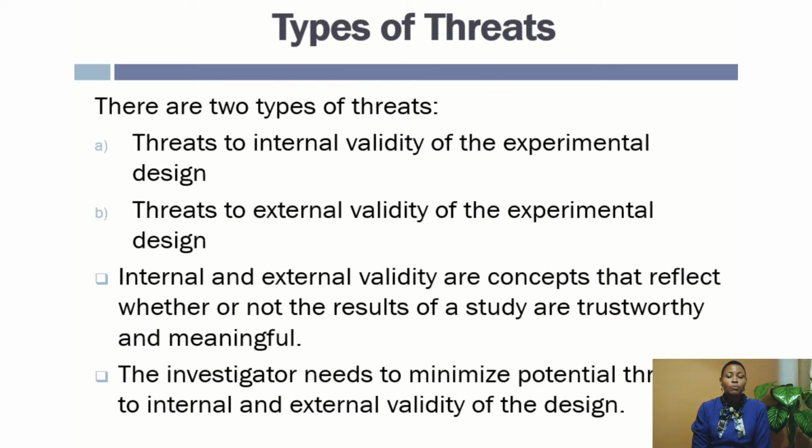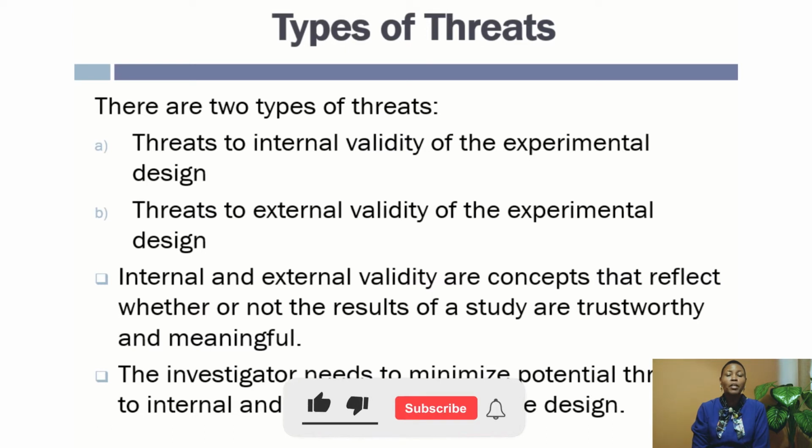We have two types of threats. One, threats to internal validity of the experimental design, and two, threats to external validity of the experimental design. Internal and external validity are concepts that reflect whether or not the results of an experimental study are trustworthy and meaningful.